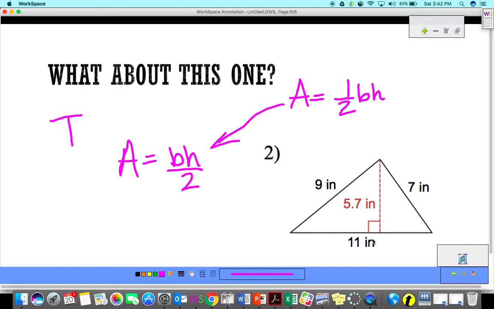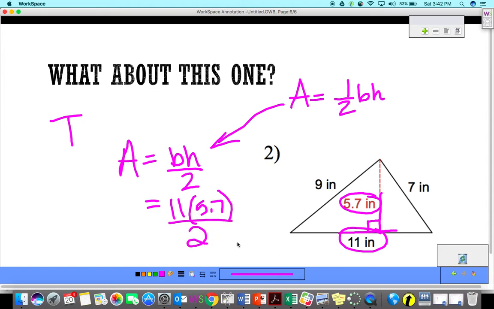So I need to decide what the base and the height are. The base and the height I know are connected by the right angle. So when I look at that right angle, I see it's connecting the side that's 11 and the side that's the 5.7, or the measurement that is the 5.7. So I'm going to take 11 times 5.7 and then divide that answer by 2. Using my calculator, 11 times 5.7 is 62.7.